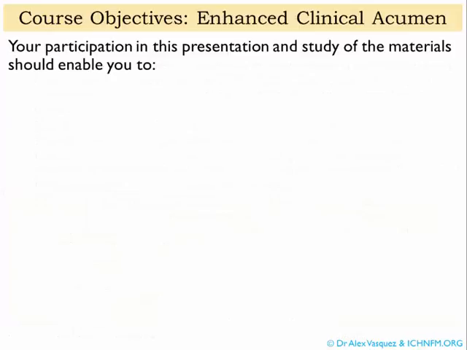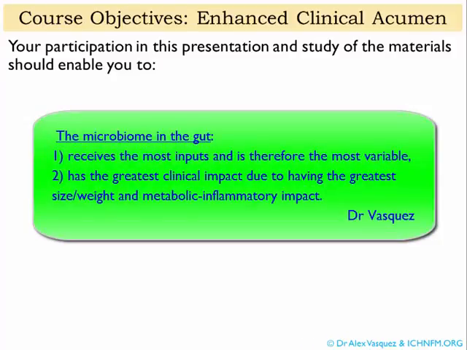Gastrointestinal dysbiosis, I think, is arguably the most common type of dysbiosis. That's because we have so many different influences on the microbiome of the gastrointestinal tract, such as exercise, nutritional supplementation, diet, and of course stress.